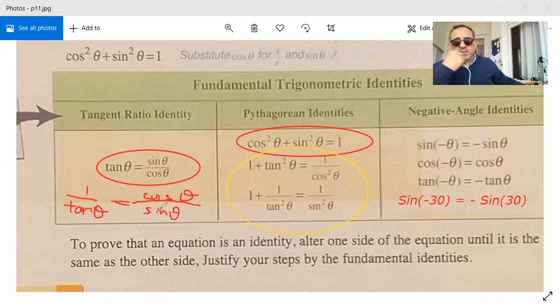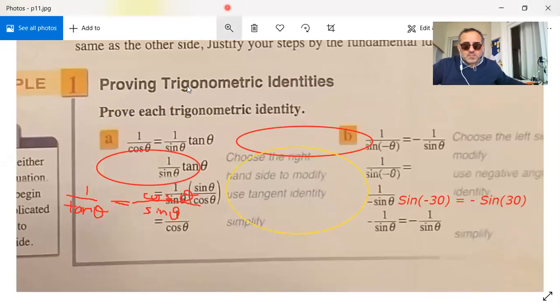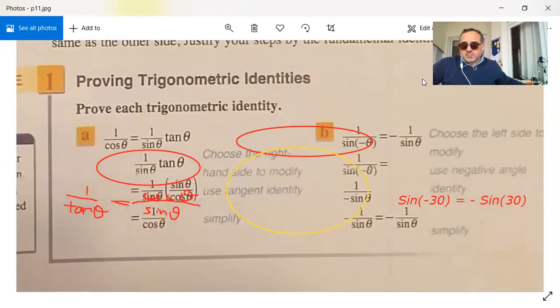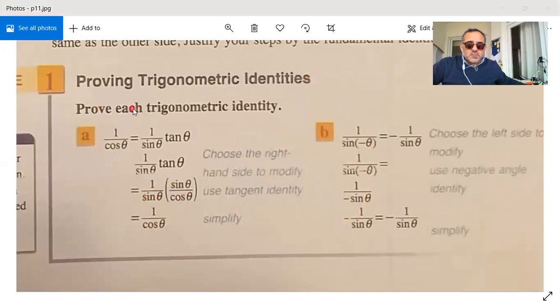Let's solve the first example. Prove each trigonometric identity: 1 over cosine theta equals 1 over sine theta tan theta.